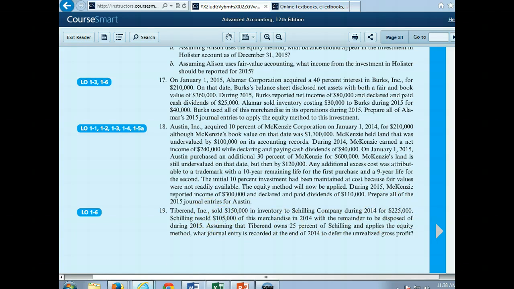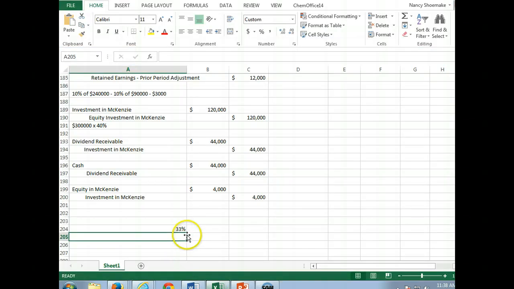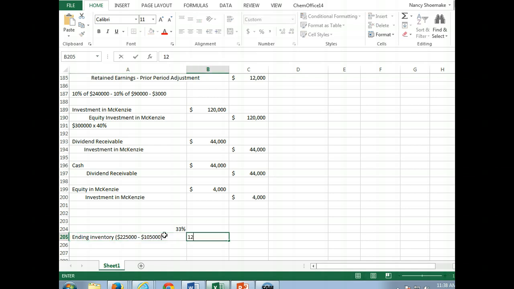So 120 is left over, right? So they have ending inventory of 120. We know the gross profit rate is 33%.